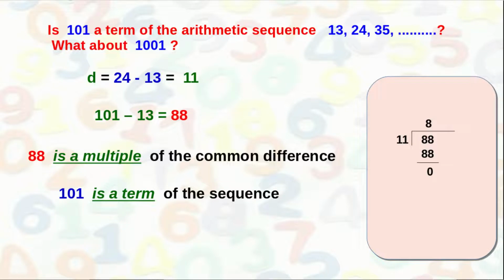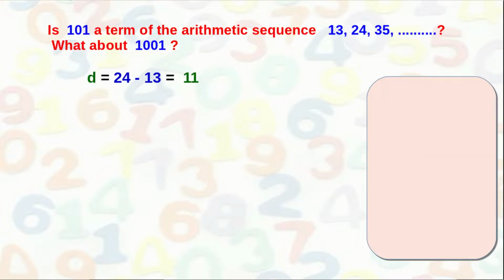Next, we have to check whether 1001 is a term of this sequence. For that, take the difference between 1001 and a term of the sequence. Here I am finding the difference between 1001 and the first term 13, and that difference is 988. Now check whether 988 is a multiple of the common difference.